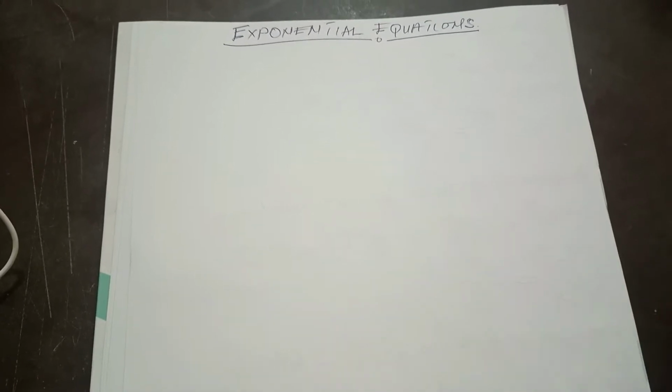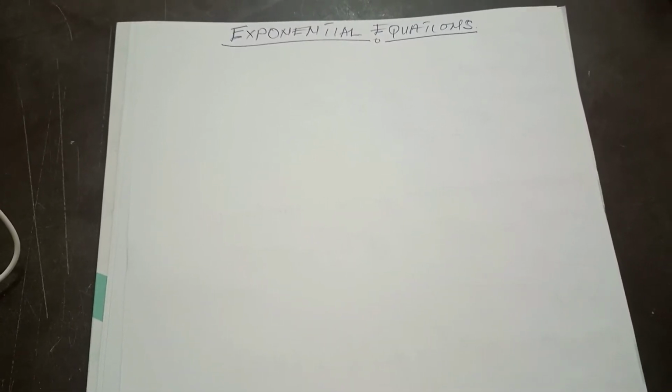Today we are doing exponential equations. Exponential equations, what are they? They are equations with variables as exponents, and our aim will be to find the value of each variable.